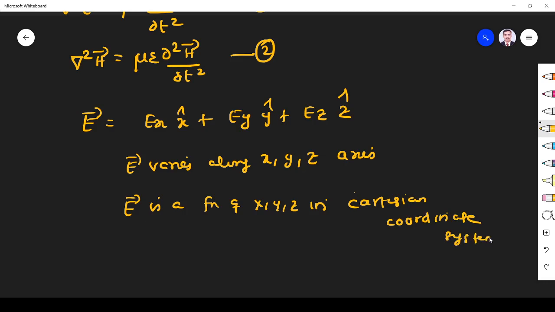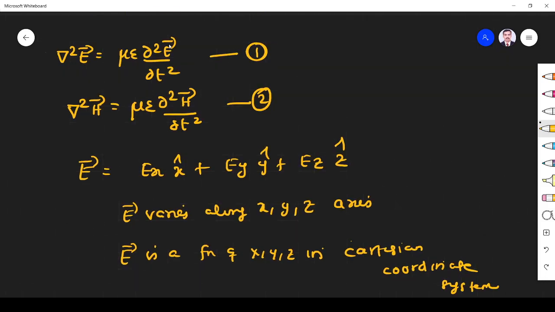And you see on the right hand side, E is a function of time. E varies with respect to time. Dou squared E by dou t squared. So this indicates E varies with respect to time. That is, E is a function of time.